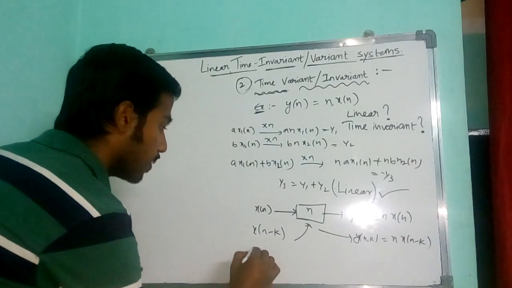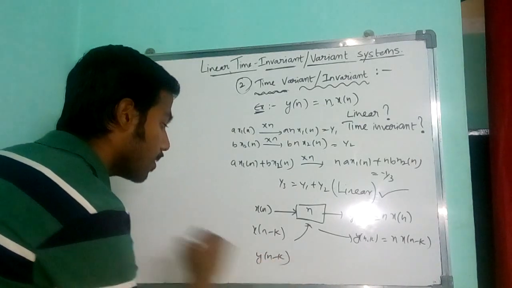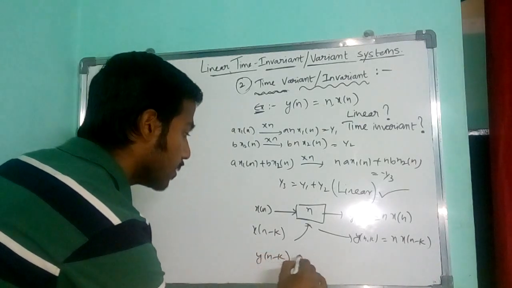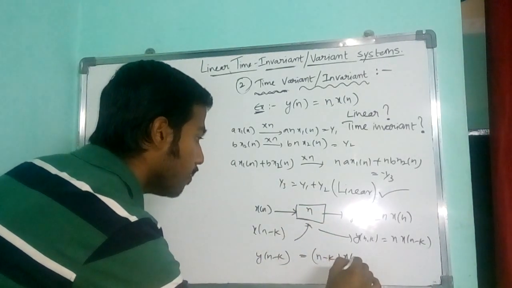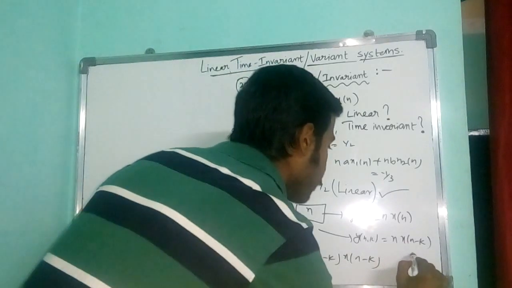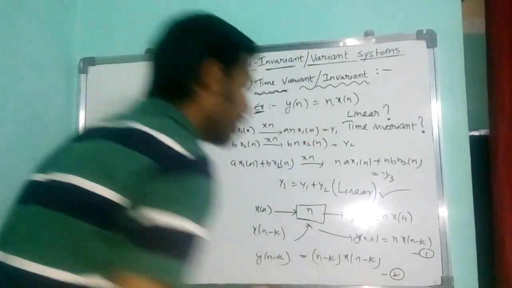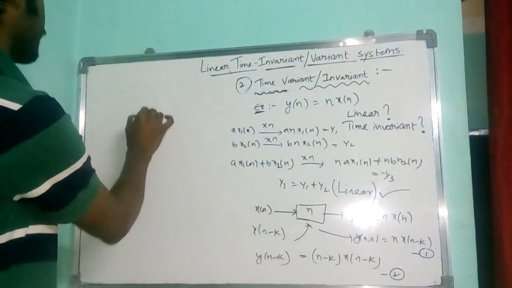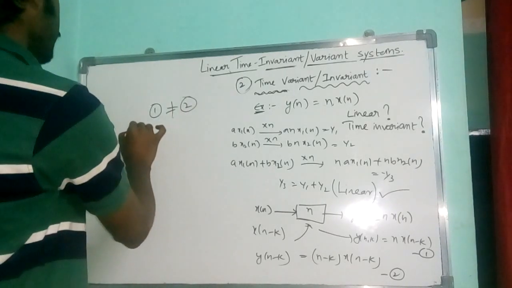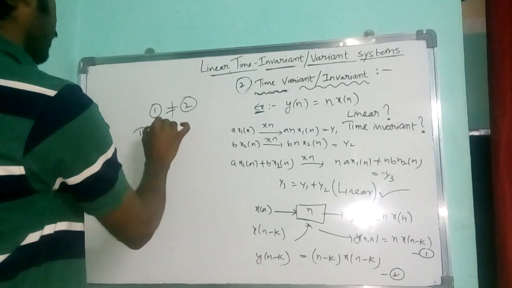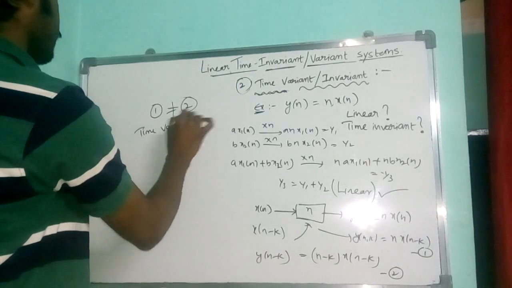Next we shift the output by k time units, then this will be n minus k times x of n minus k. This is 1 and this is 2. Clearly 1 is not equal to 2. So it is a time variant system.